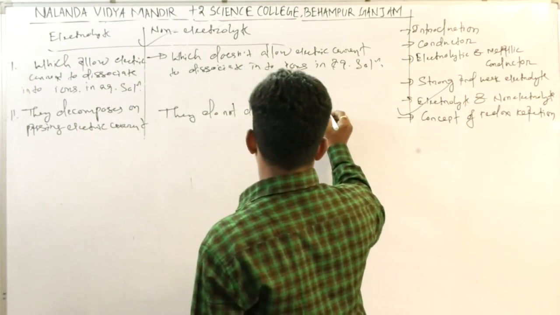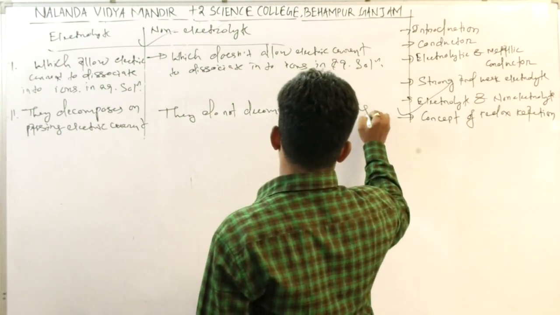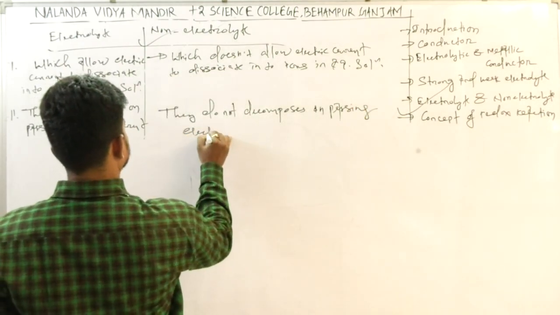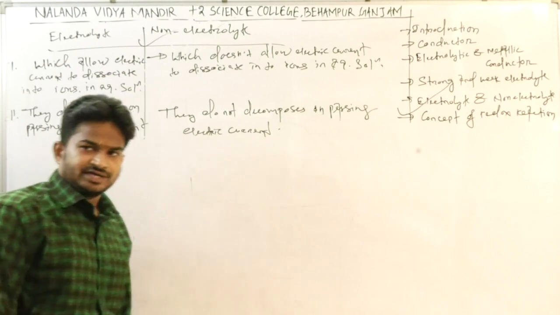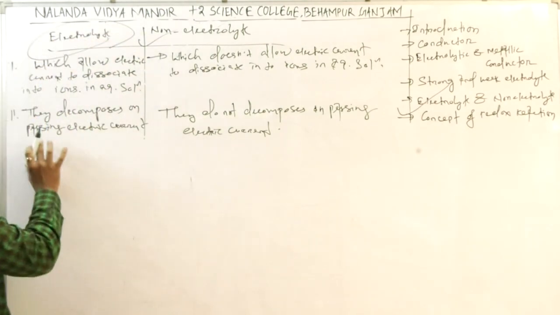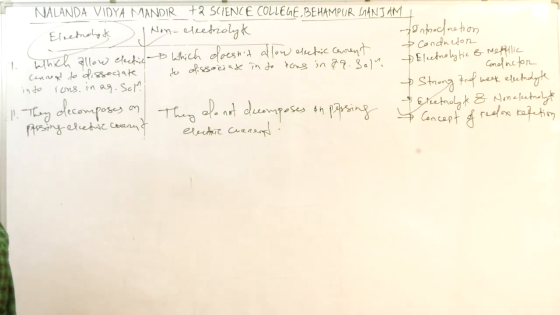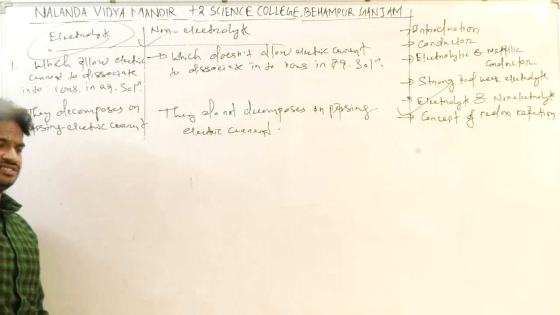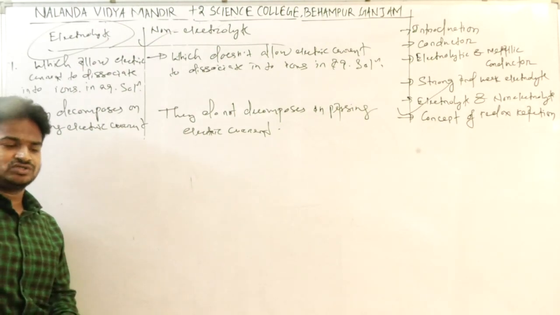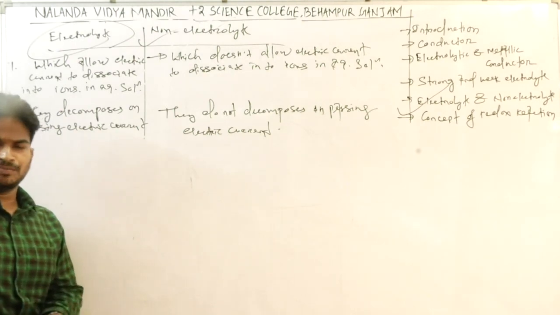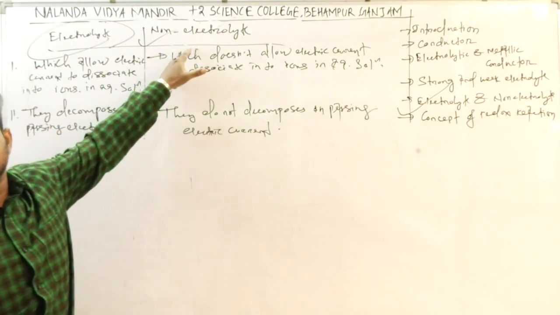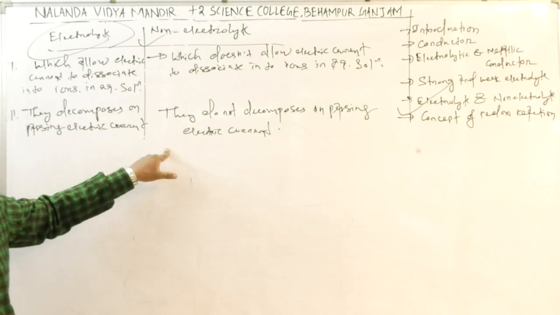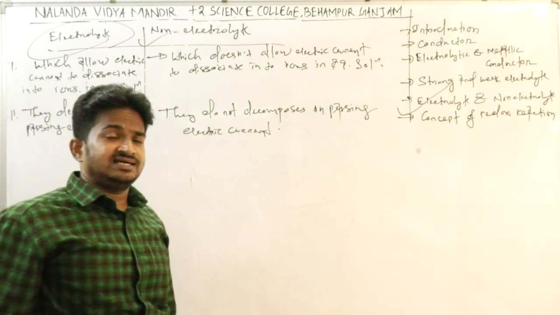Here the electrolytes decompose into ions in the presence of electric current. Decomposes means that in its fused state, by applying electric current, it totally loses its nature and properties. But in case of non-electrolytic substances, they do not decompose into ions in aqueous conditions even after passing electric current.